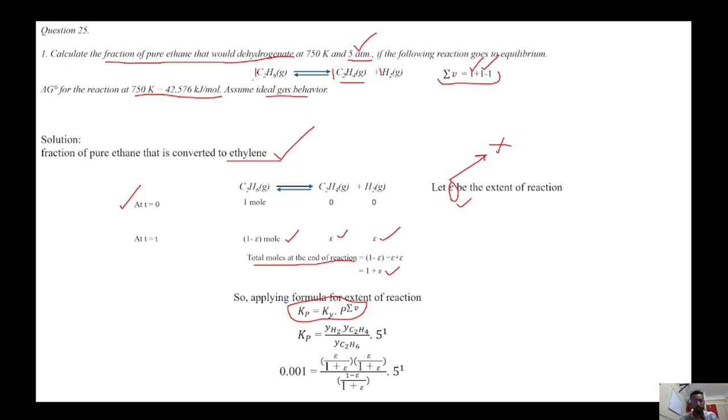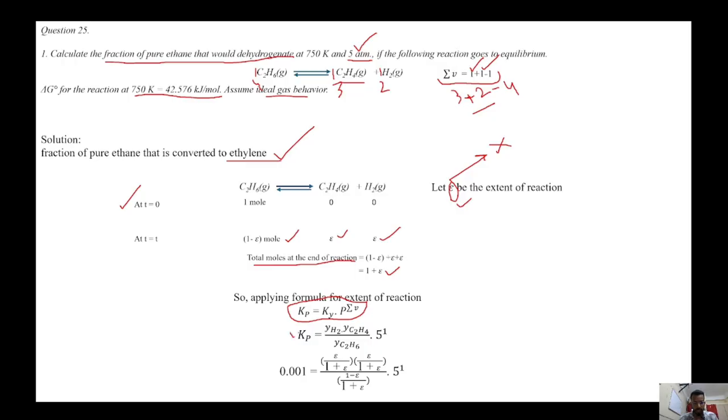If it were 4, 3, 2, then I would write 3 plus 2 minus 4. It can also come out negative.